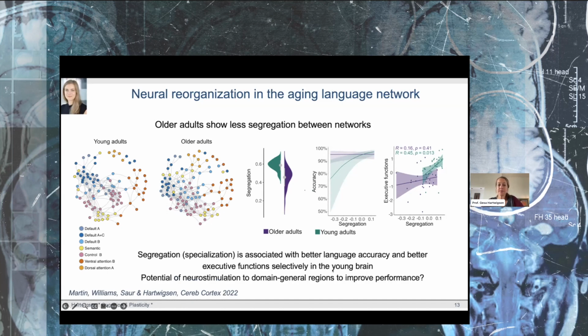And we finally found that a high level of segregation or specialization of the networks is associated with better language accuracy and better executive function, so better overall performance, selectively in the young brains. So this shows that indeed we see differences in the strategy, more between network interactions and less segregation of the networks as we age.